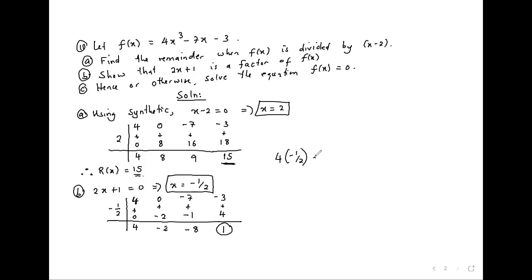And then we have that. That will give us negative 2 for sure. We put negative 2 there. When we add a 0, we get negative 2, correct? We multiply negative half times negative 2.